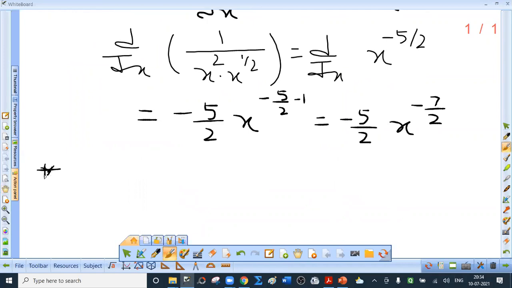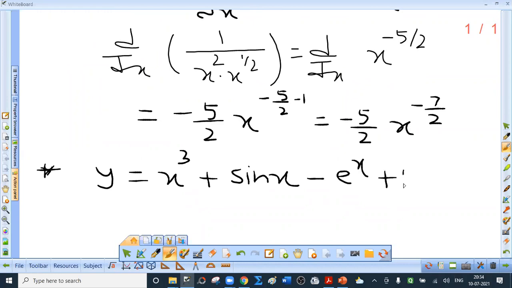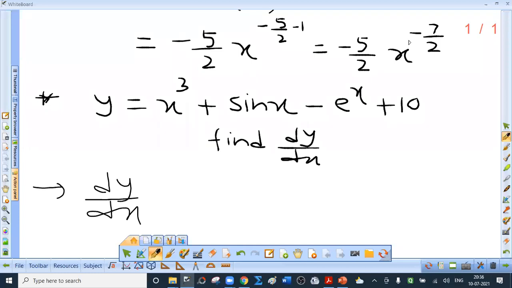Next one. Simple one. Y is given. Find out dy/dx.